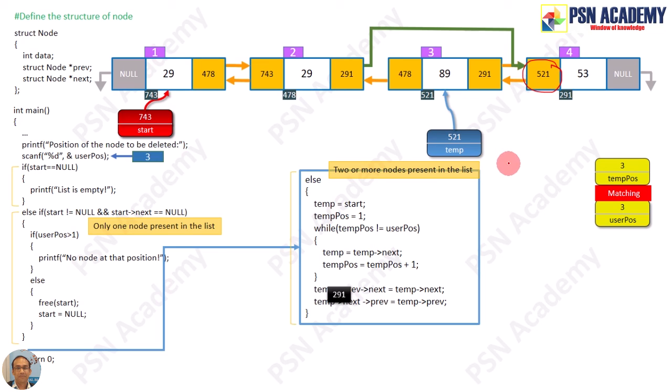So this will be loaded with 478 because temp prev means 478. As soon as you load this with 478, this link vanishes and this link is established. So you can see that the second node is directly pointing to the fourth node and the fourth node is directly pointing back to the second node.